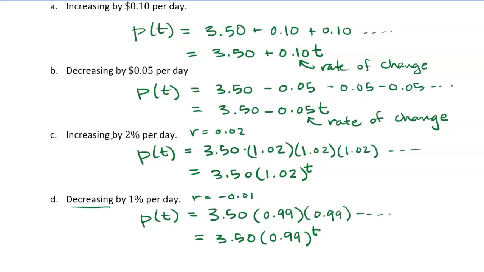Now one thing to be careful of is that because our percent decreases or increases were given in days, this t is in days. Well, for all of these, actually, t is in days.